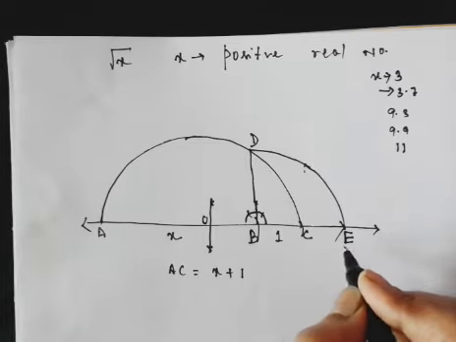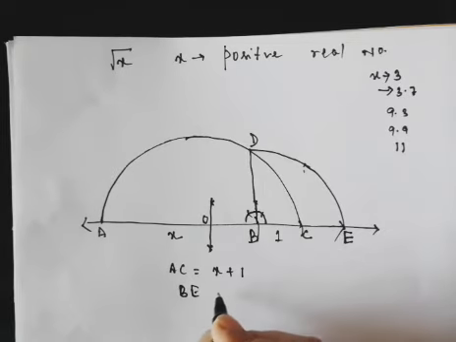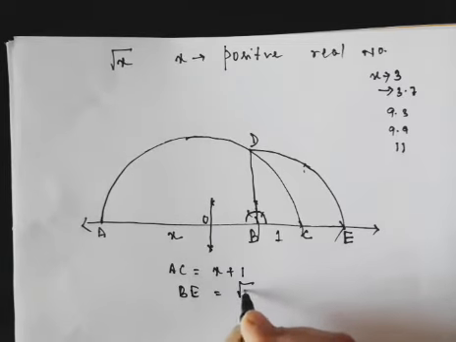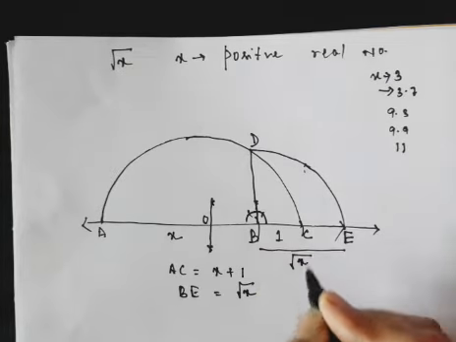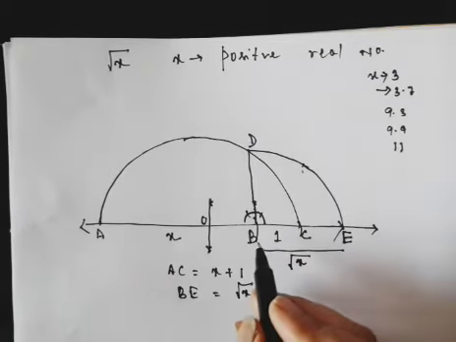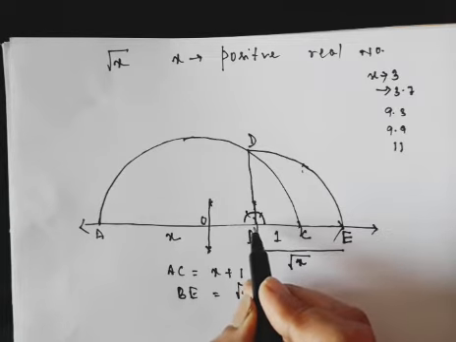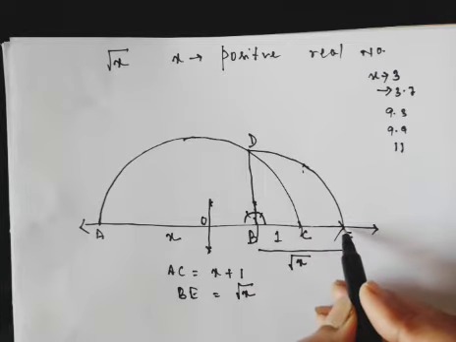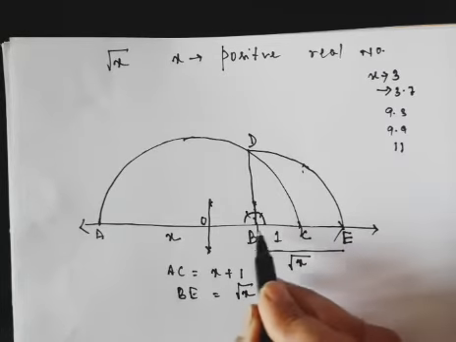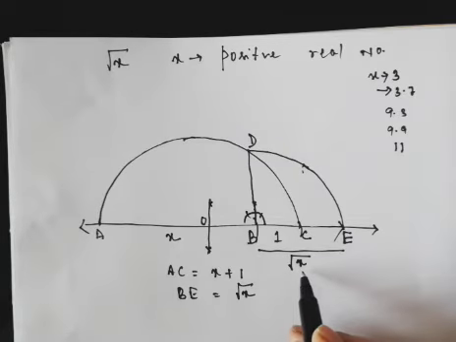Now this BE is of root x unit length, or we can say if B is the starting point, then with respect to B as the starting point, this E represents root x, or the length BE is of root x unit length.